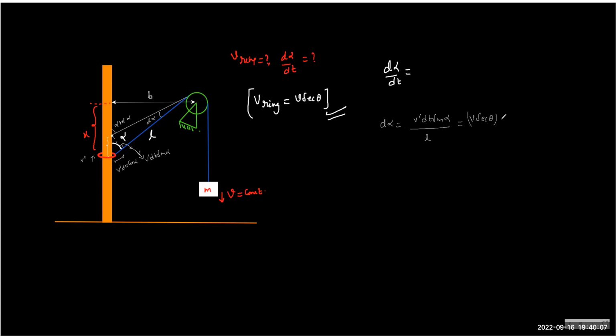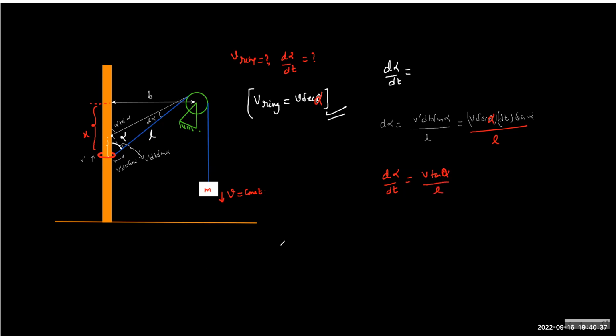So v dash we can replace by v sec alpha into dt into sin alpha upon L. So what we are getting for d alpha by dt is V tan alpha sin alpha upon L, right?